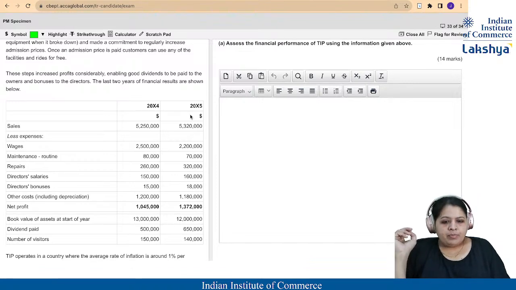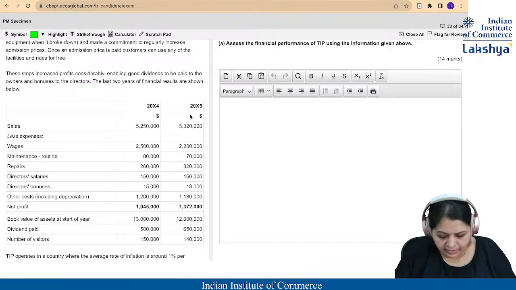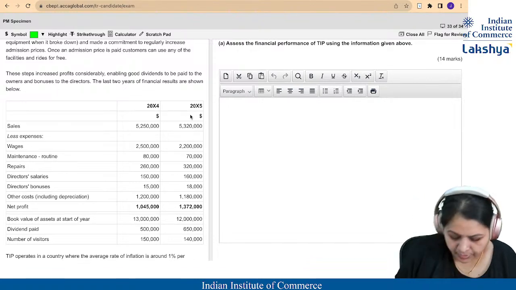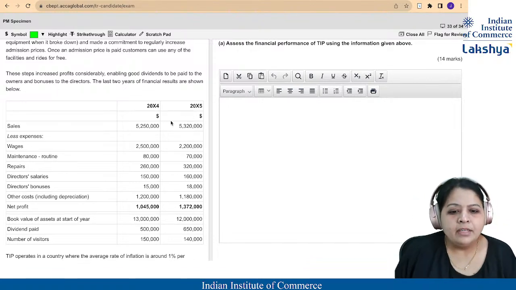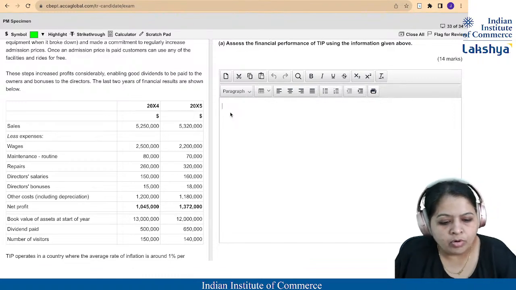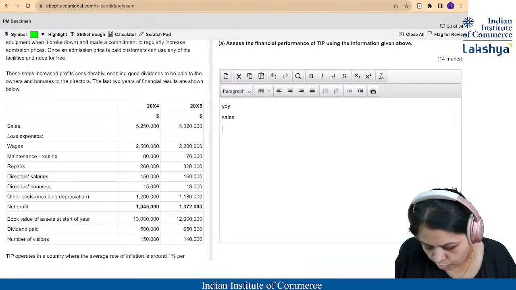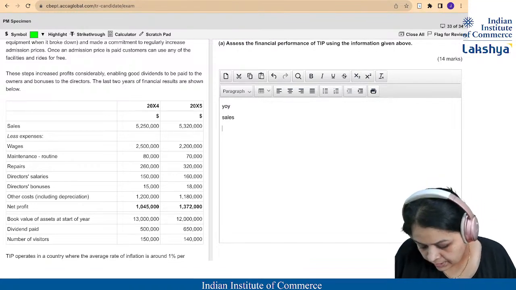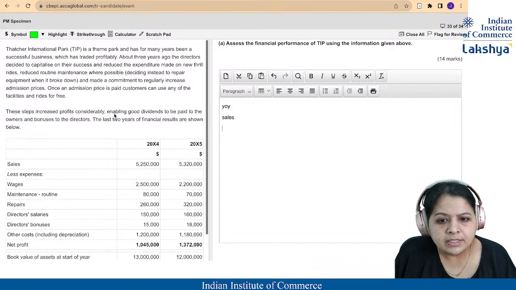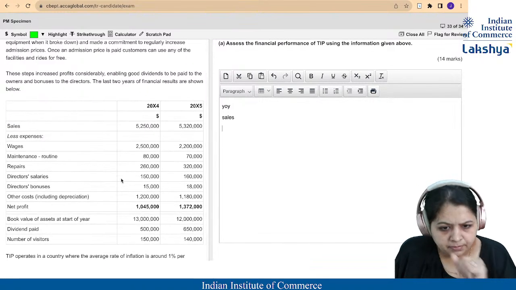TIP operates in a country where the average rate of inflation is around 1% per annum. You need to calculate the financial performance of TIP, right? Because it is a financial performance, we are going to look at the year on year growth of sales. Then we can look at the increase in the admission ticket price.